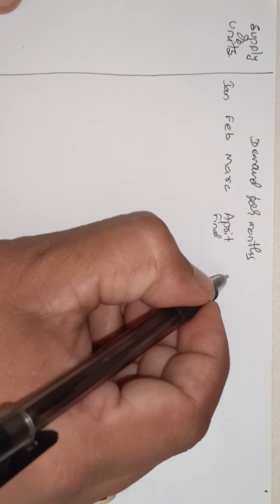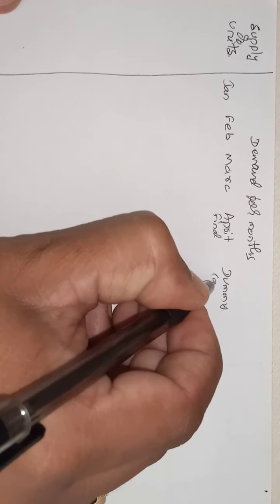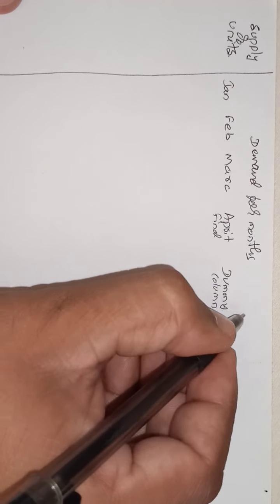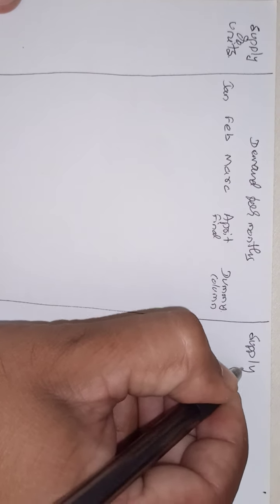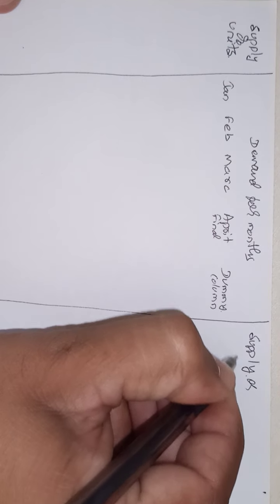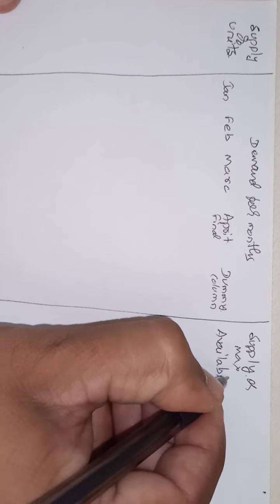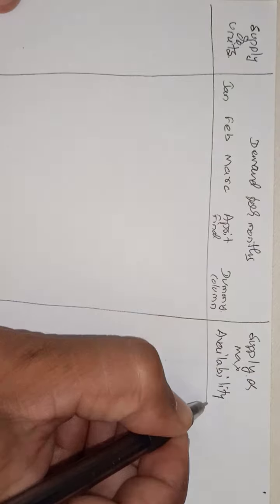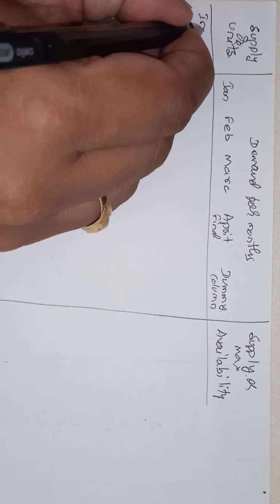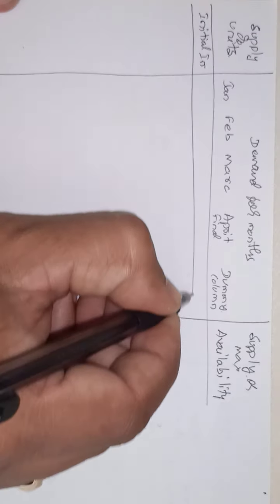Then here you should add a dummy column. Then finally there is the supply or maximum availability. Here you write the initial inventory in the first row.